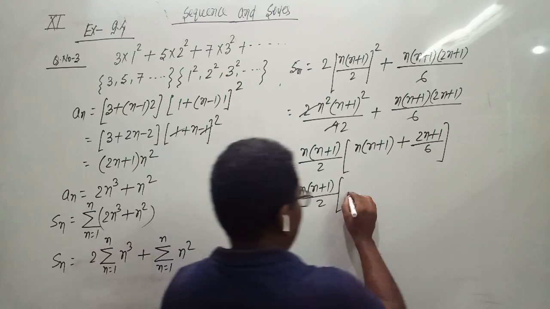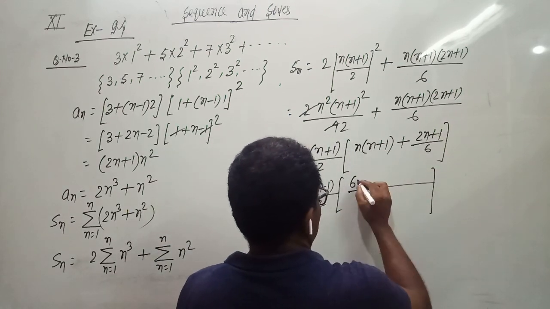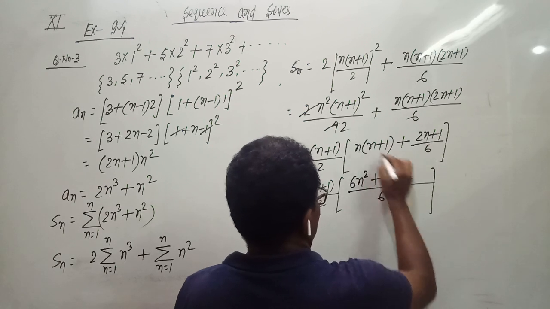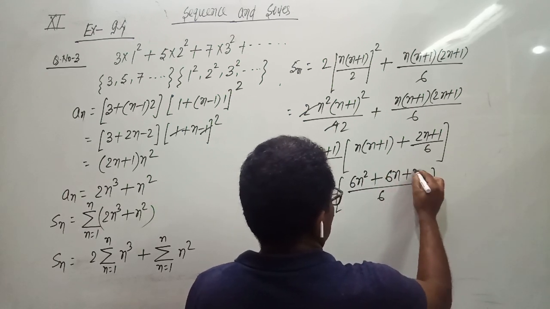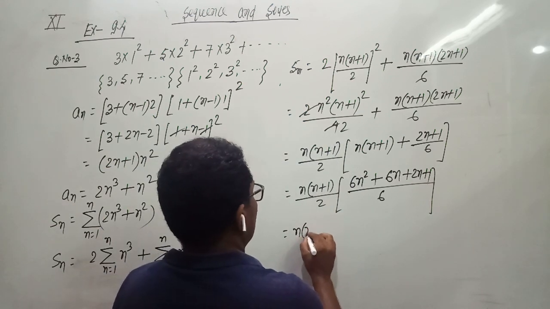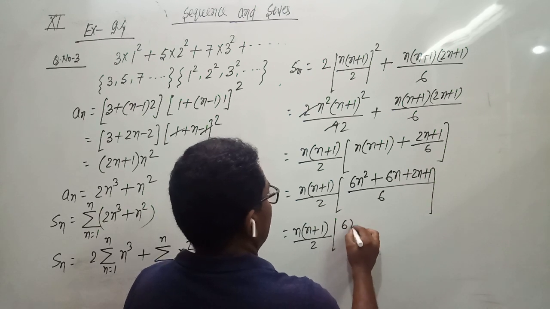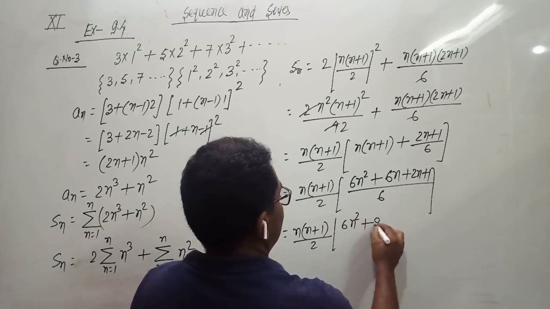So 6n square plus 6n plus 2n plus 1. So n into n plus 1 upon 2, 6n square plus 8n plus 1 upon 6.